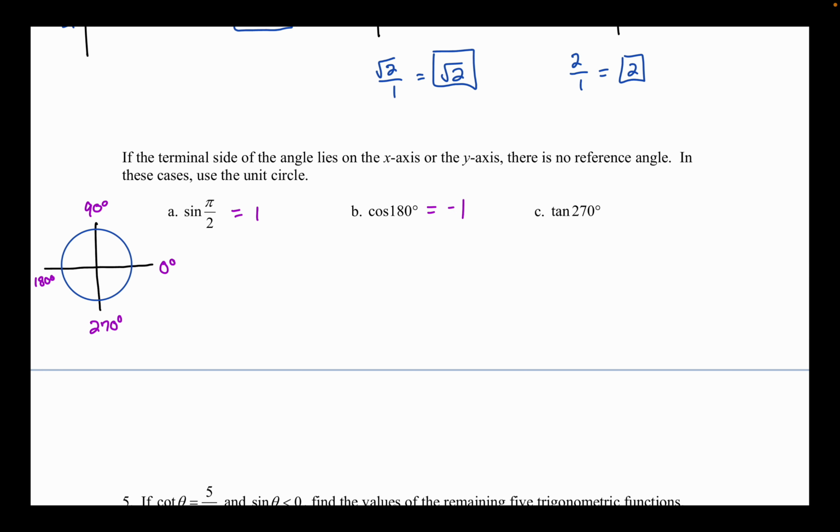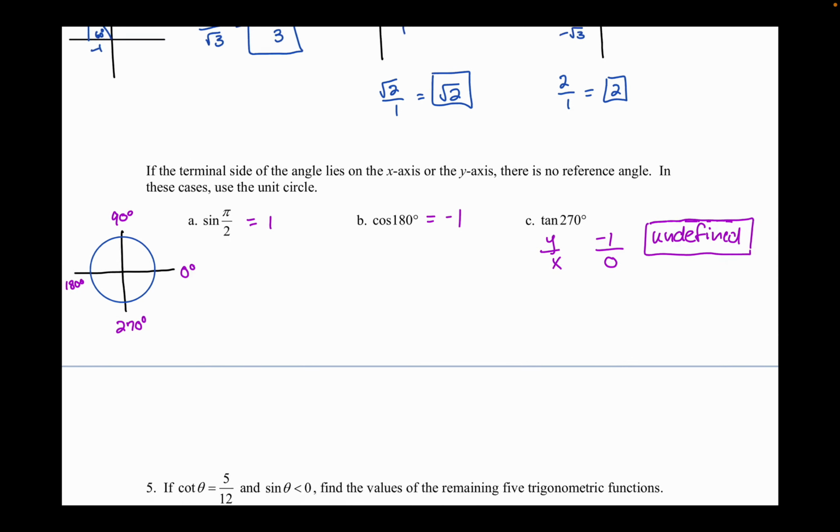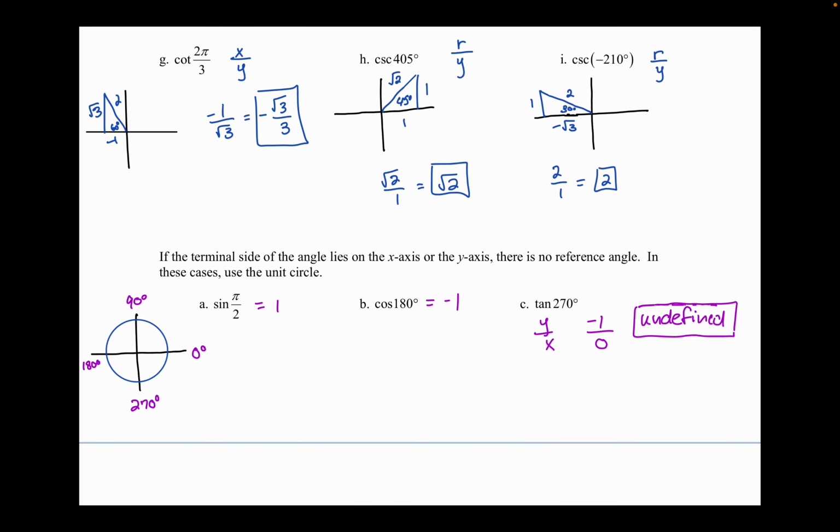And then tangent of 270, so tangent is still y over x. So in this case, y would be -1, x would be 0, so this is undefined. Okay. So for these angles, for the ones that are multiples of 90 degrees, you just think about the unit circle.